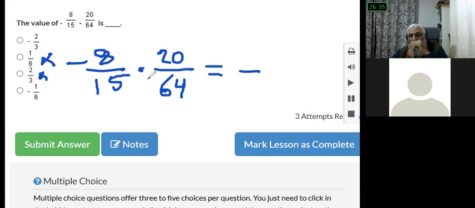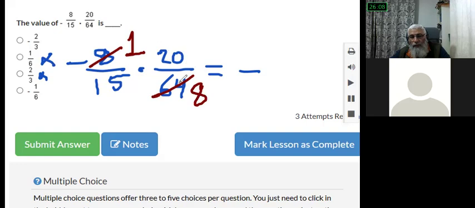Can you simplify 8 and 64? 8 and 64, divided by 8 equals what? 8 divided by 8 is 1, and 64 divided by 8 is 8.